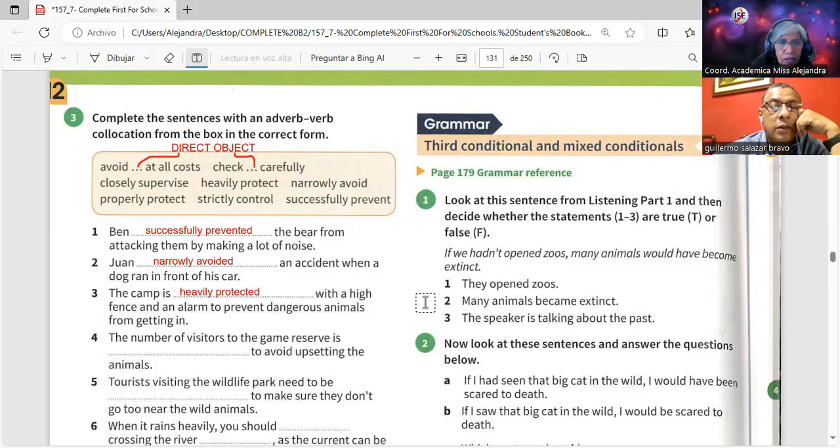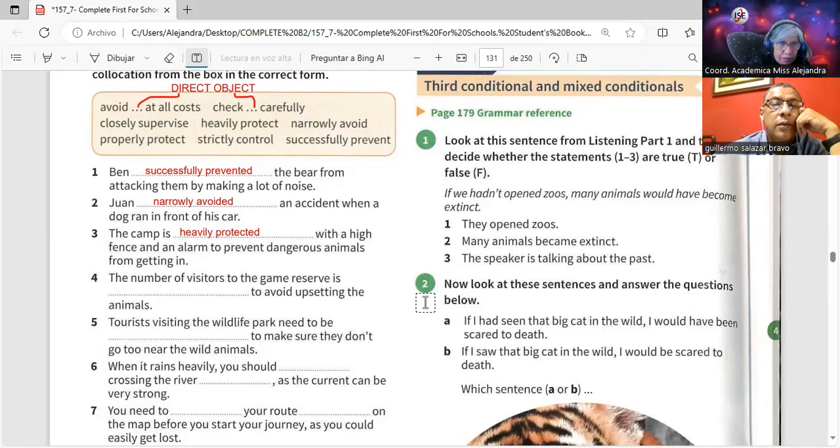The number of visitors to the game reserve is to avoid upsetting the animals.